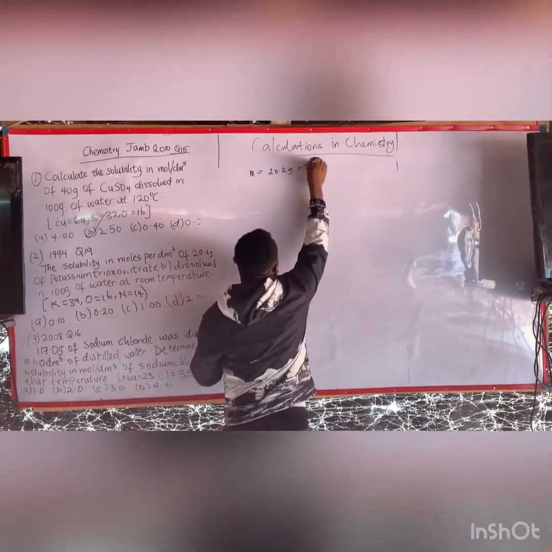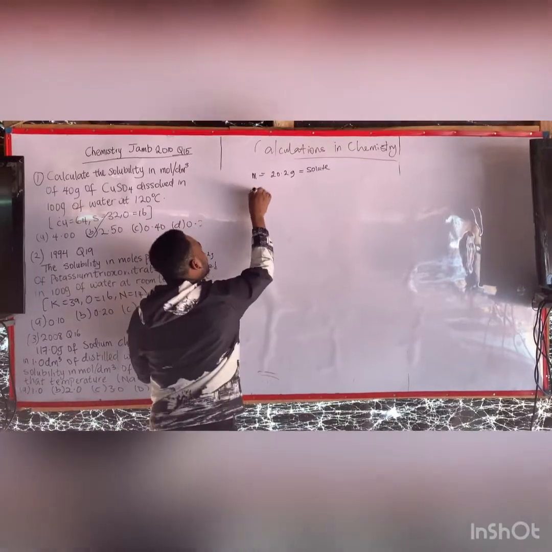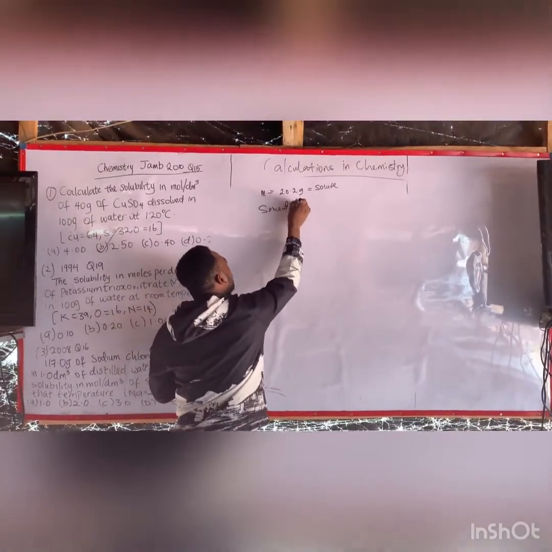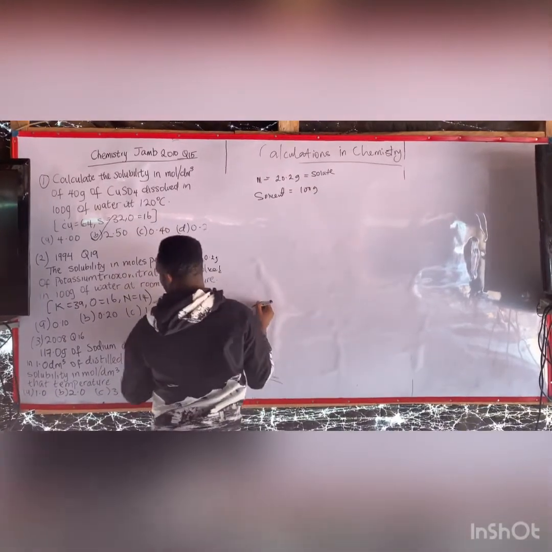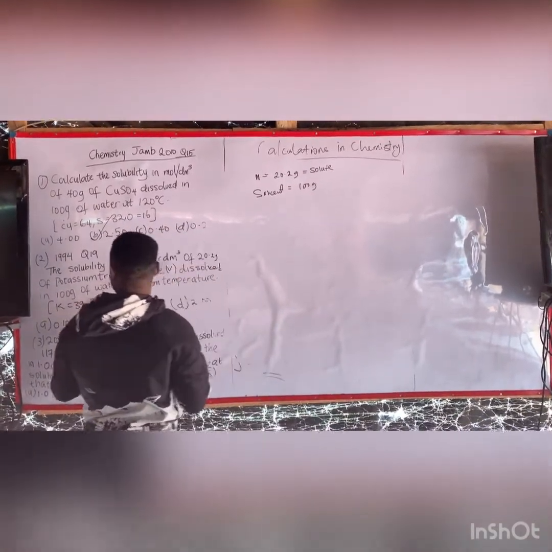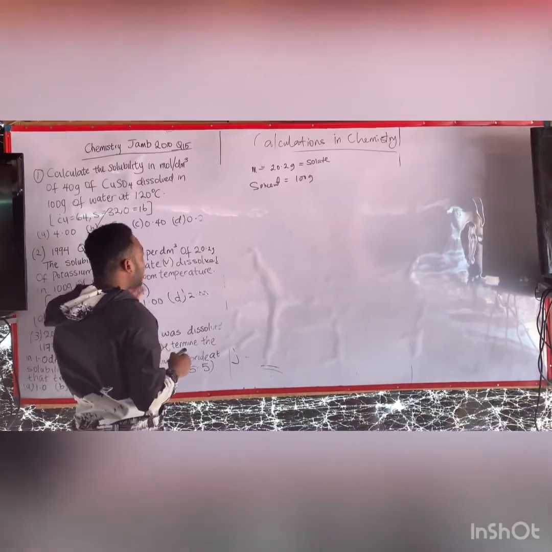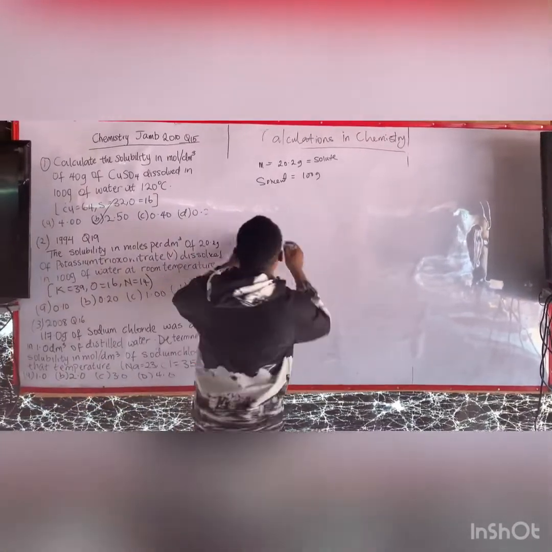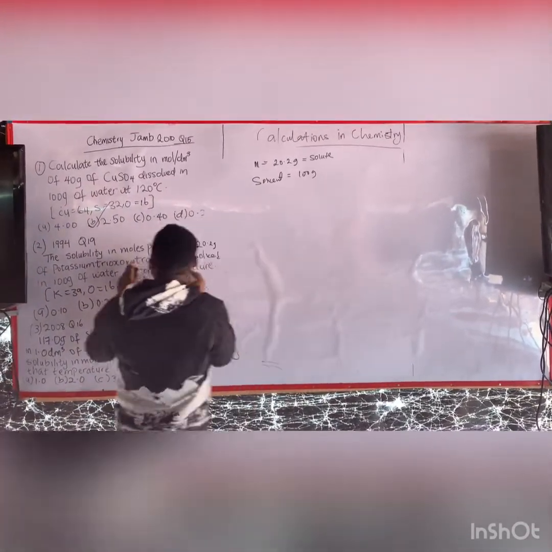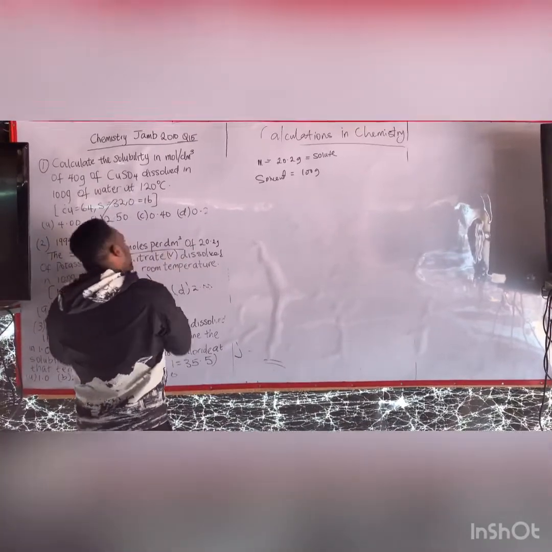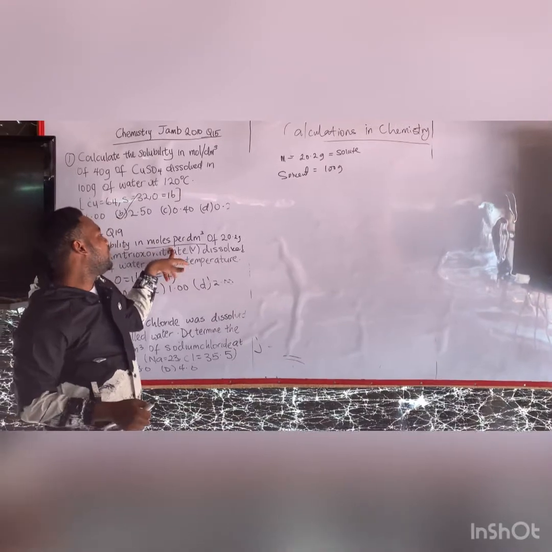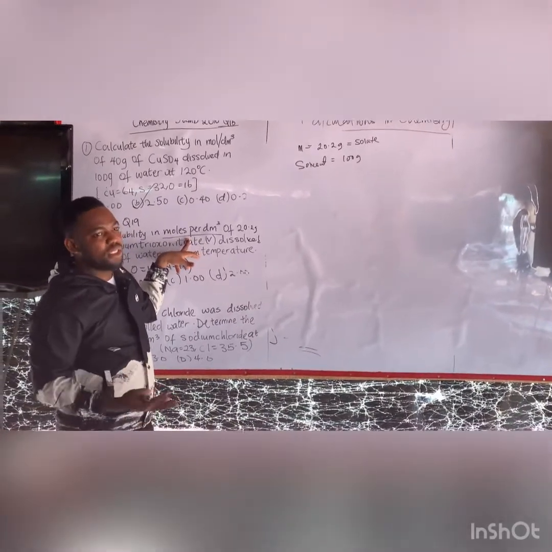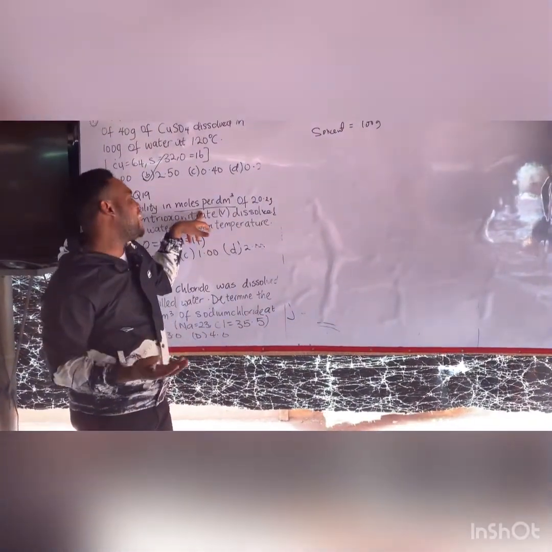The solvent there is water, and it is 100 gram. And then the question says, what's the solubility in mole per dm cube? So the first formula is the one we're going to use, since the unit required is mole per dm cube. You must be careful of this unit, because if the unit is not mole per dm cube, then it will be in gram per dm cube.